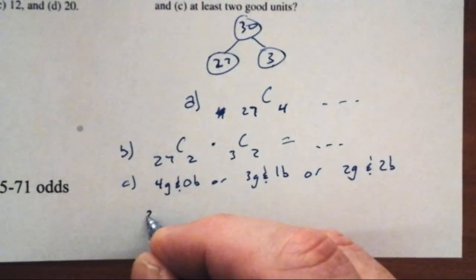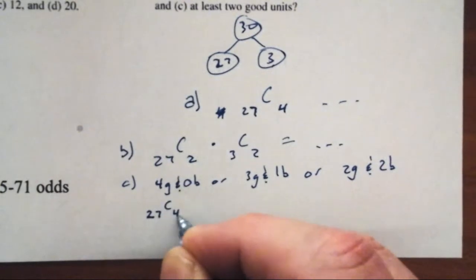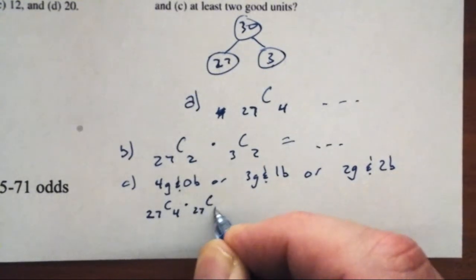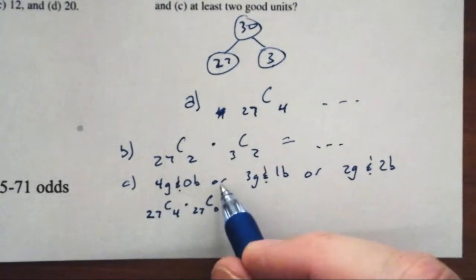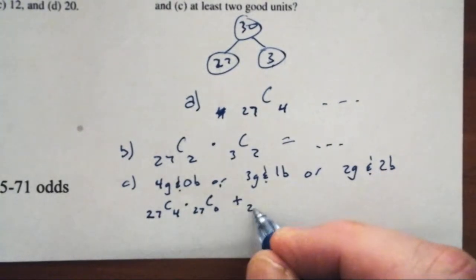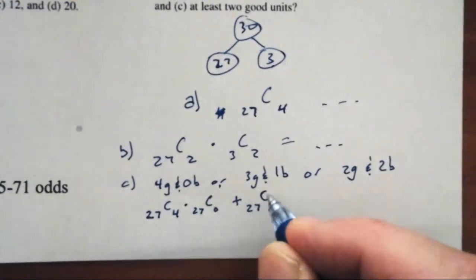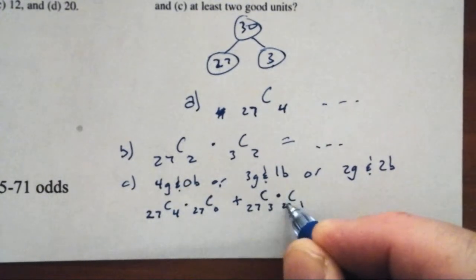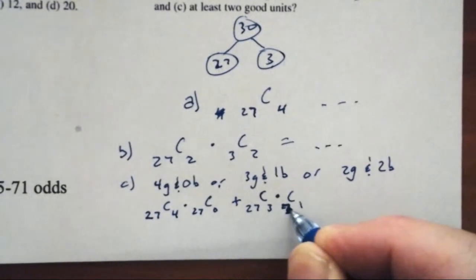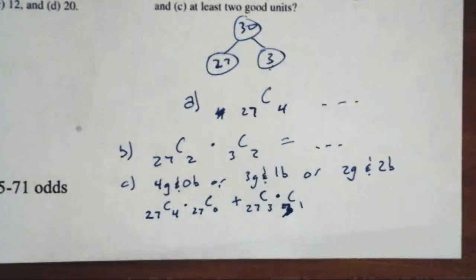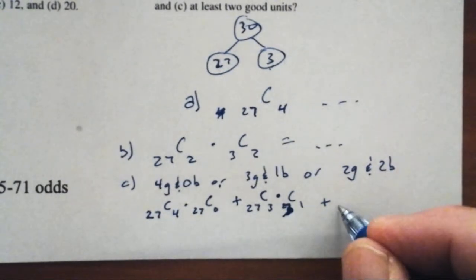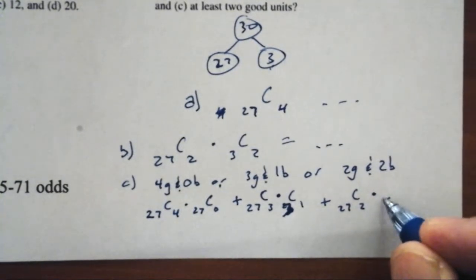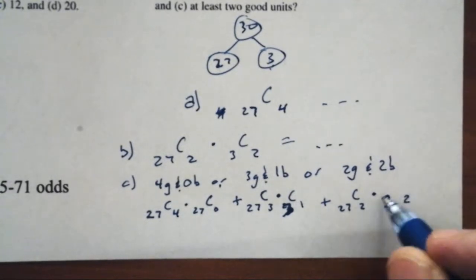4 good, we ought to know now, is 27C4 times 0 bad, that's 27C0, which is really 1, so you wouldn't have to write that one down, or plus 3 good, 27 choose 3 of the good ones, and times 1 bad one, one from the 3 bad ones, or plus 2 good ones, so out of the 27 I want 2, and times 2 bad ones, out of the 3 I want 2.